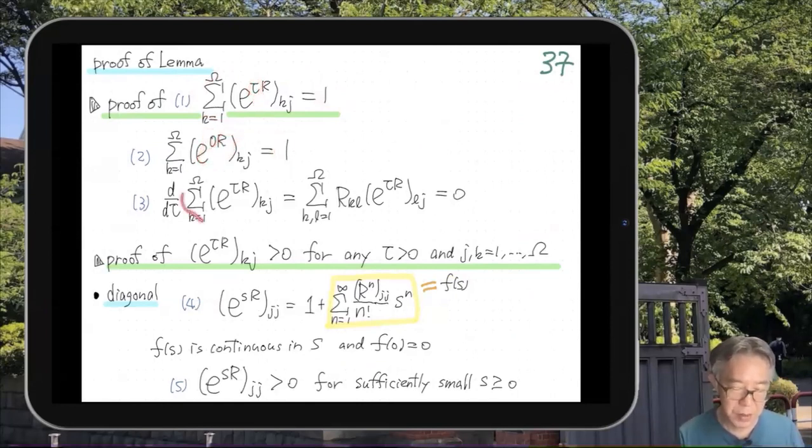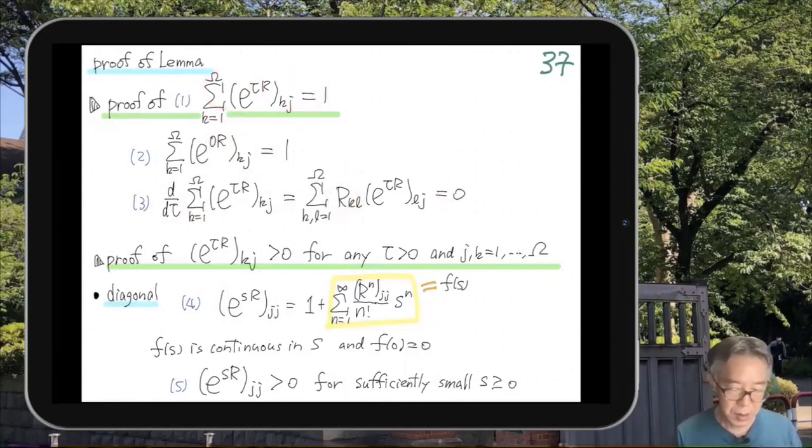Then you differentiate this sum with respect to tau, and this drops. If you sum over k, then since this is a transition rate matrix, of course you get 0. So the sum is equal to 1 when tau equals 0, and it does not depend on tau. So you have proved this.